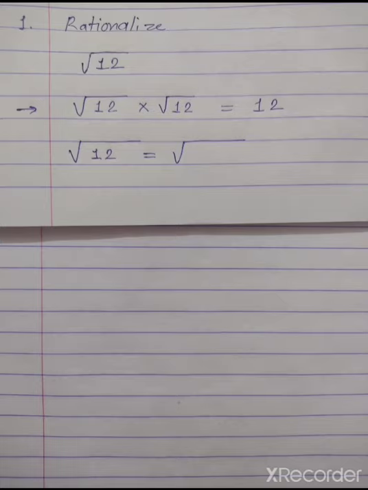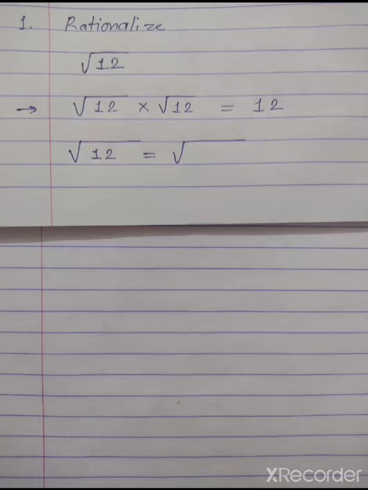Otherwise, you can factorize this 12. See, if the factor of this given radicand is in the form of a square number, then only factorize it. Otherwise, directly use the given number as the rationalizing factor.